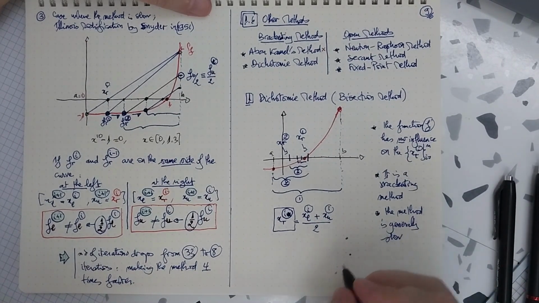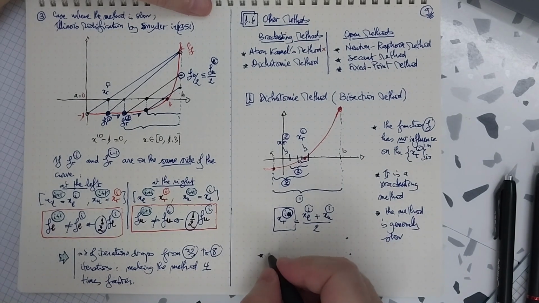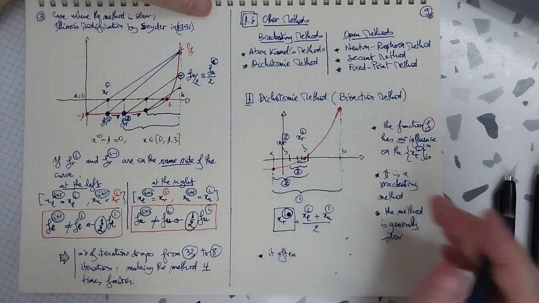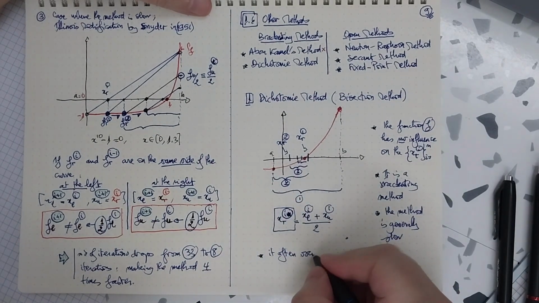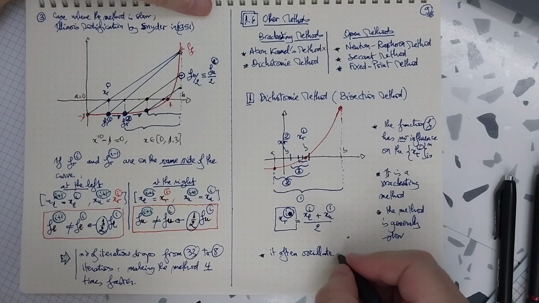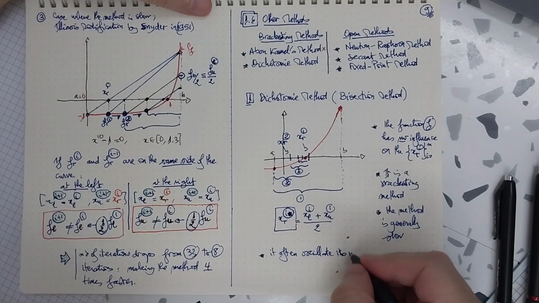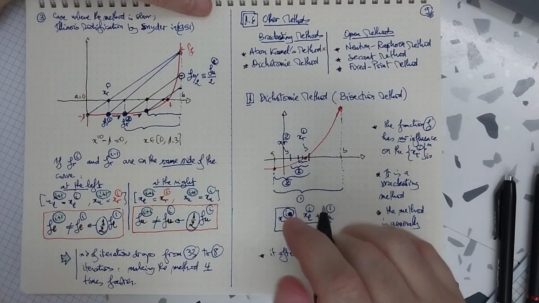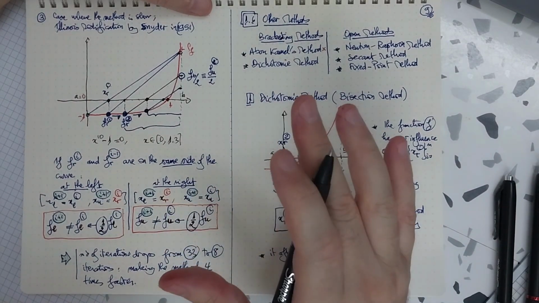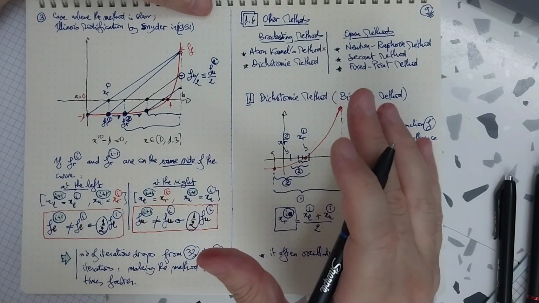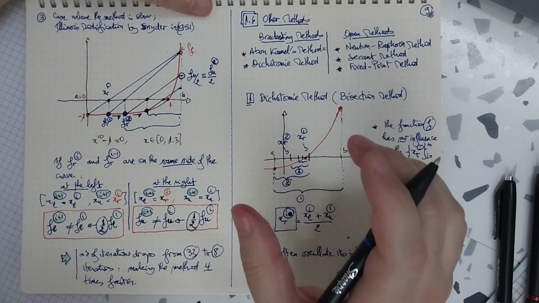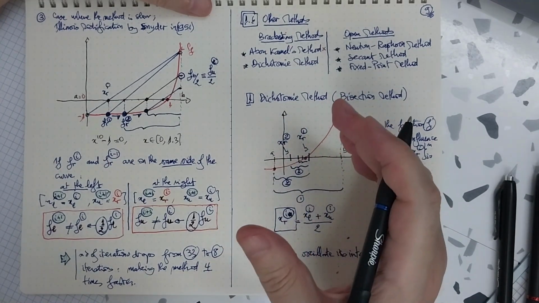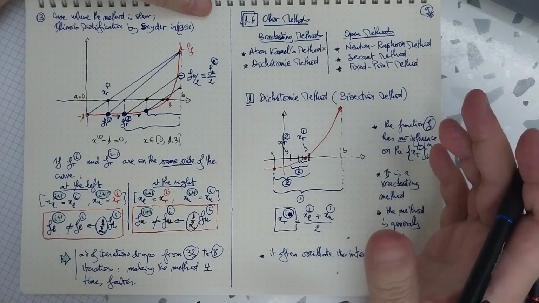And finally, we can observe also that it often oscillates its interval, in contrast with the Abou Kamel method, which, as we have seen, in most cases does not. If it catches the root at the right, the subsequent intervals will also be at the right, and the same if it was at the left.